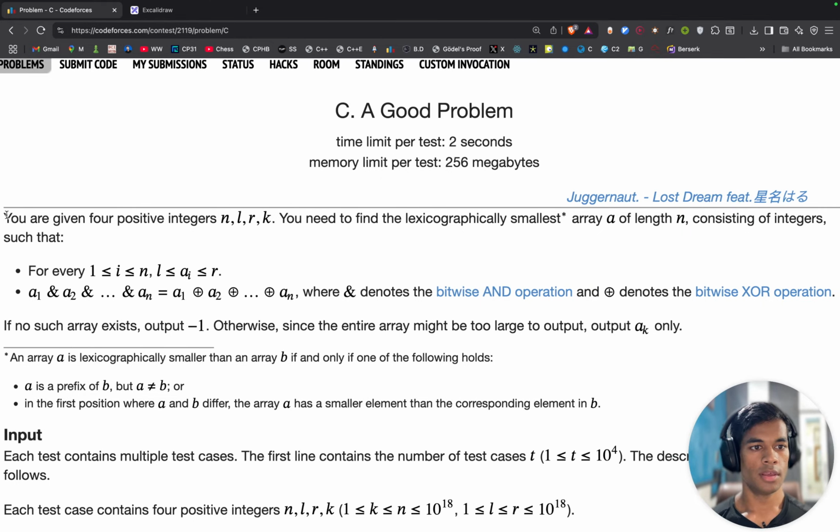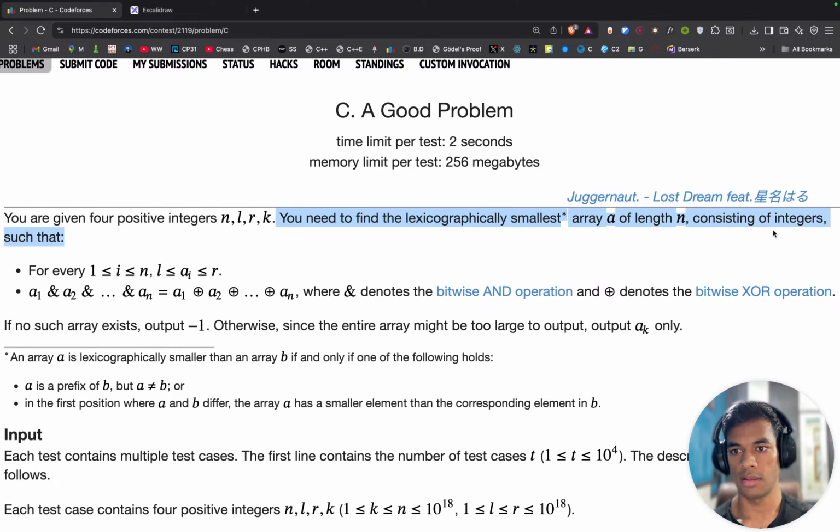You are given four positive integers n, l, r, and k. This one was pretty cool, this question. You need to find the lexicographically smallest array A of length n, and these two conditions have to be true.